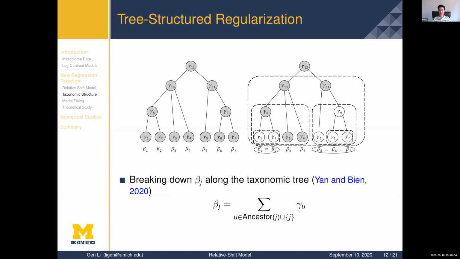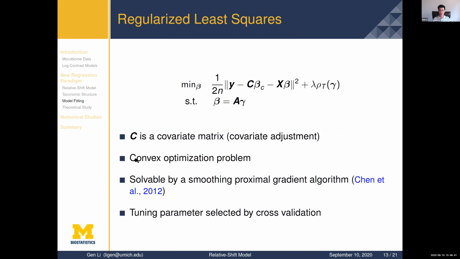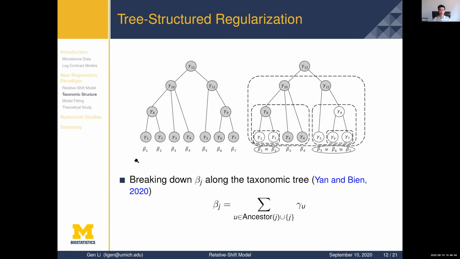We assign each node an intermediate regression coefficient along the tree and require that the sum of the intermediate coefficients along the way to the root node be equal to the original regression coefficient. For example, beta 1 here, which is the regression coefficient for the first taxon, is equal to gamma 1 plus gamma 8 plus gamma 10 plus gamma 12. That's how we reparameterize the regression coefficients along the tree.